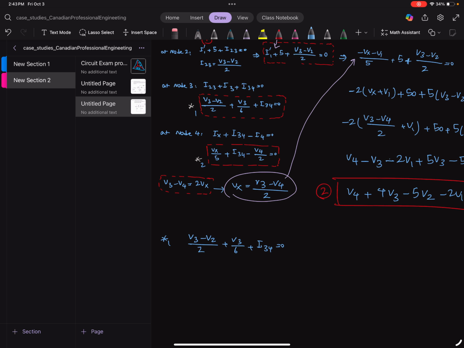And then let's replace Vx as well in the star 2. Star 2, Vx over 5, that's going to be V3 minus V4 over 10 plus I34. I'm going to get I34 from here. That's 6V2 plus minus 8V3 over 12.